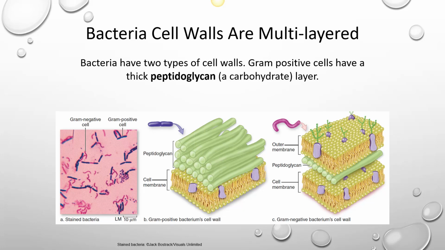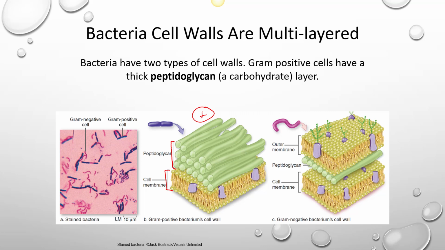Bacteria have two types of cell walls, gram-positive and gram-negative cell walls. In a gram-positive microorganism, they have this cell membrane, and then they have a thick layer of peptidoglycan.